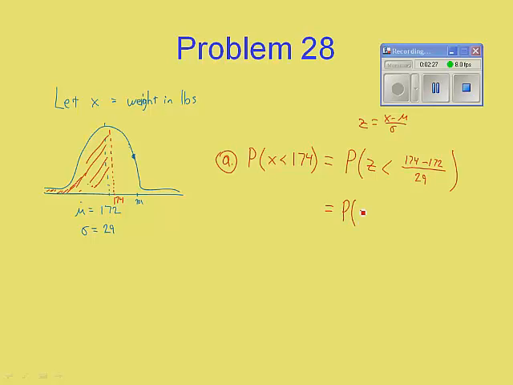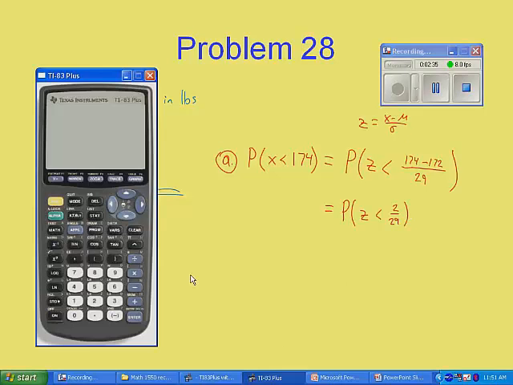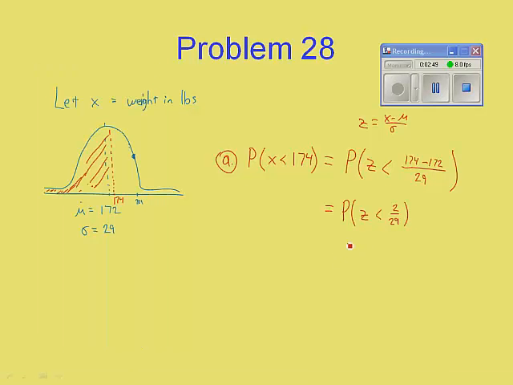So this is the probability that z is less than 2/29, whatever that is. To finish, you can look on the chart if you want. You do 2 divided by 29, and you get some value. That's the z-score. We want z to be less than 0.0689.